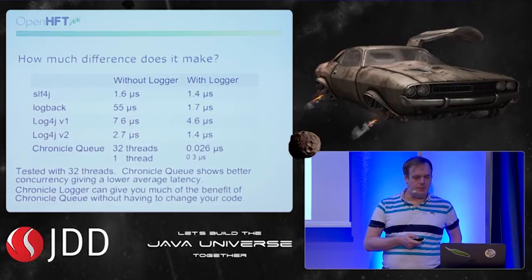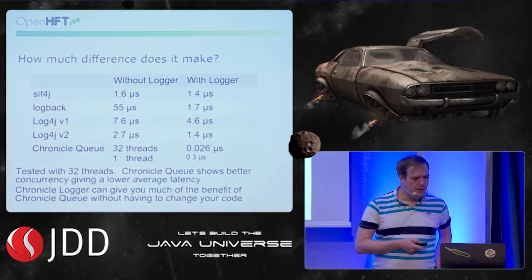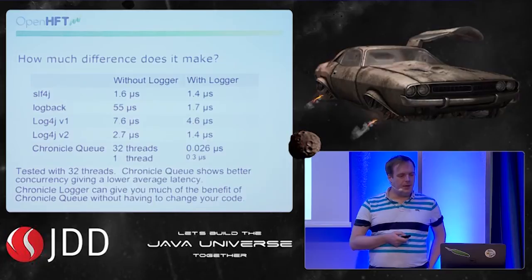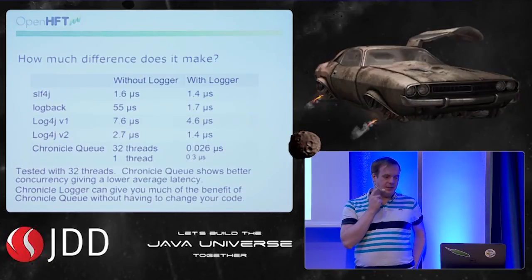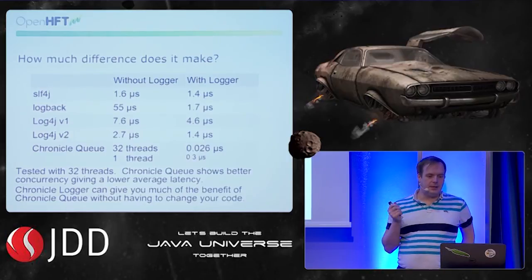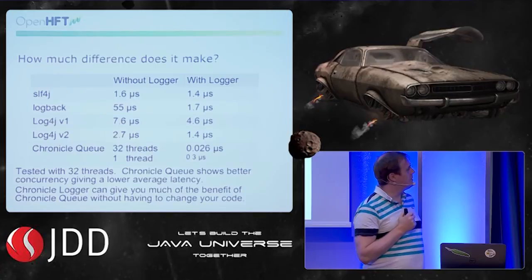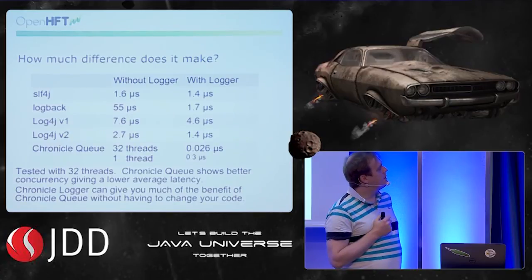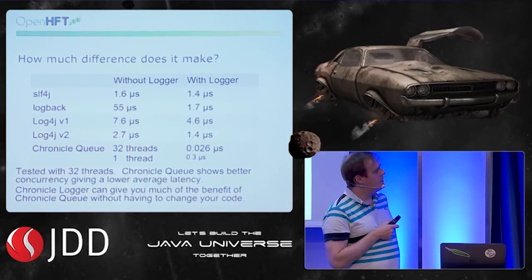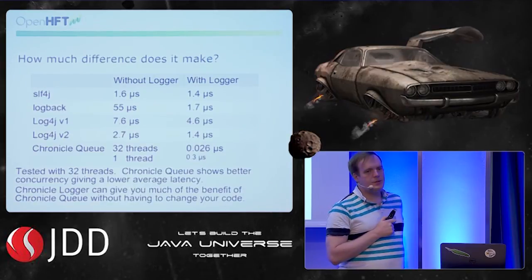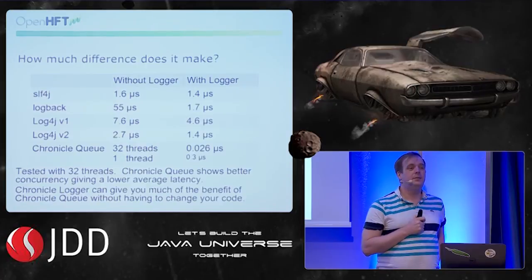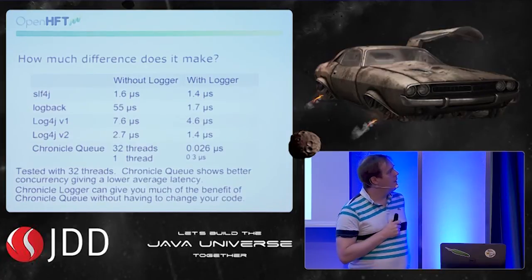So how does it perform? Well, in all cases, it is faster than not using Chronicle Q. In some cases, it's a lot faster. I'm not entirely sure why Logback was so much lower in our test. But in each case, you saw improved performance. What you don't see here is that you also see less garbage being created in terms of its persistence.